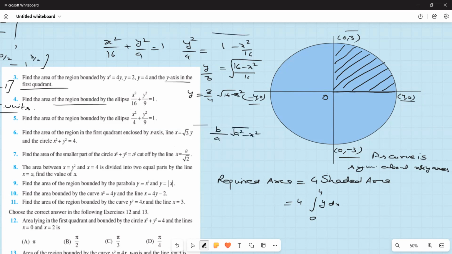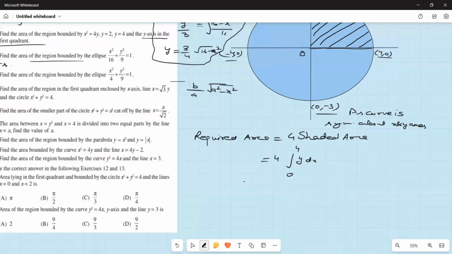Instead of writing all these steps, if you can remember, then for an ellipse it is always b by a square root of a square minus x square. So if I take this, it will be 4, integral 0 to 4, 3 by 4 square root of 16 minus x square dx.